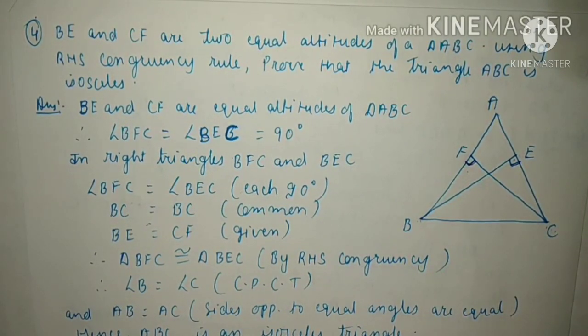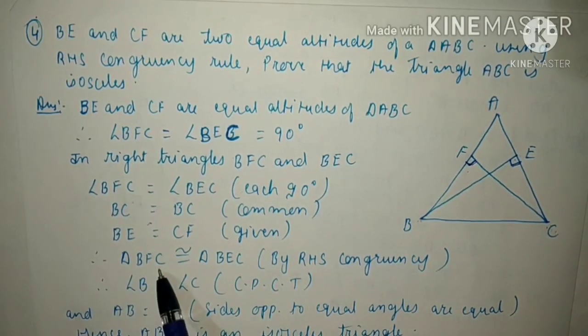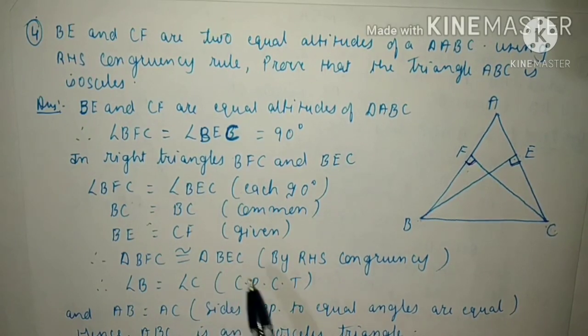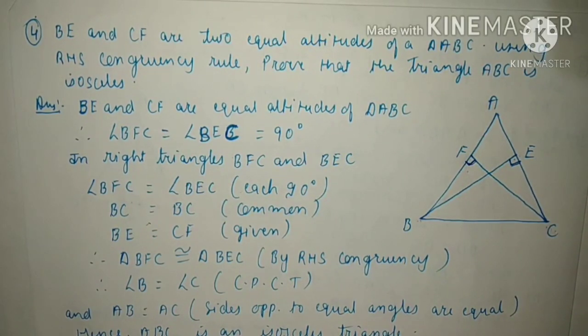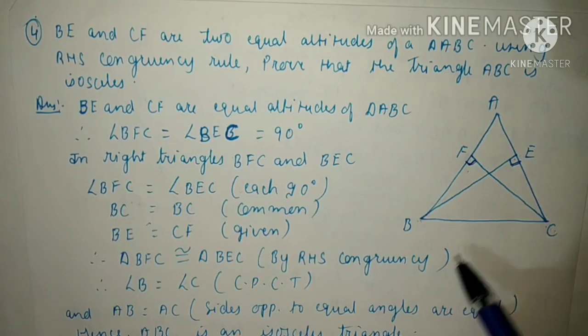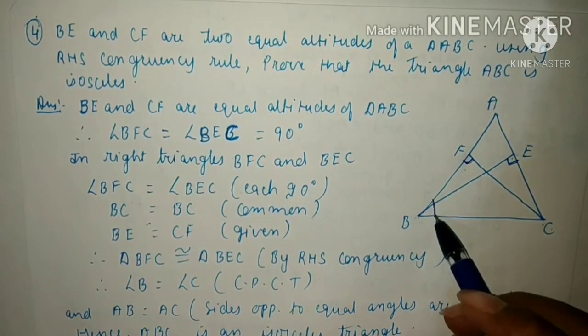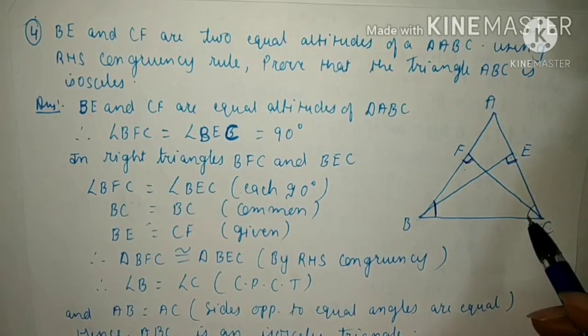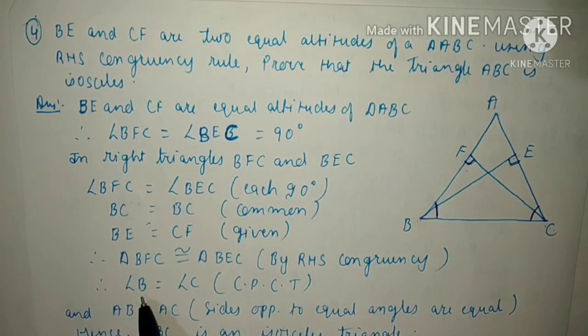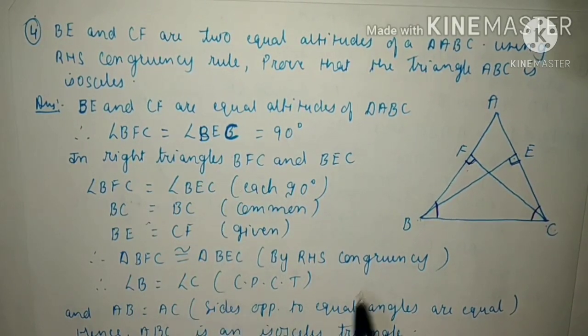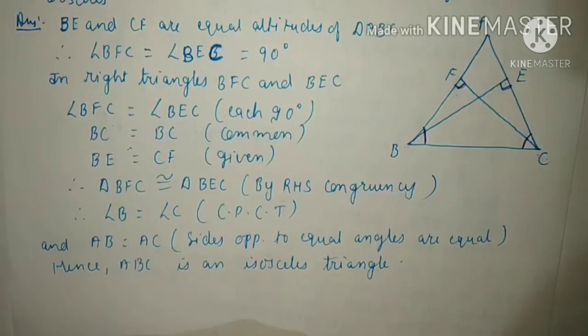So we can say that by RHS congruency, triangle BFC is congruent to triangle BEC. Now if these two triangles are congruent, then all the corresponding angles will be equal. So we can write angle B equals angle C. Why are they equal? By CPCT.